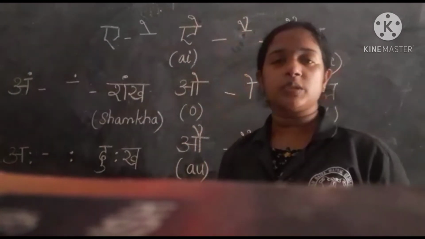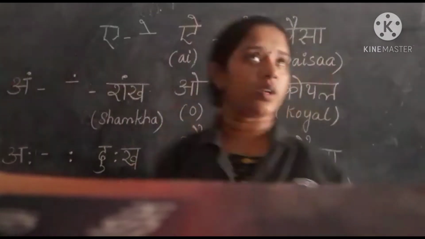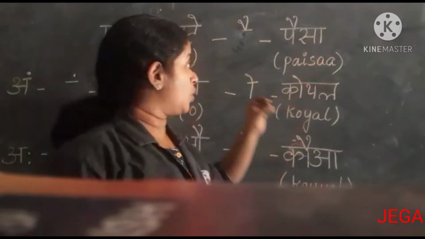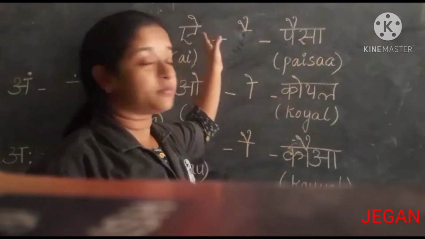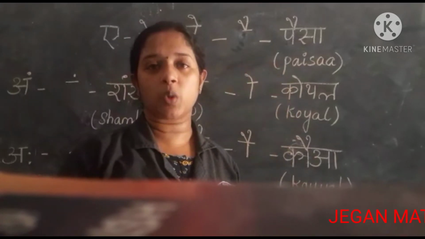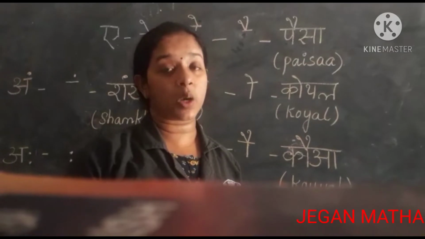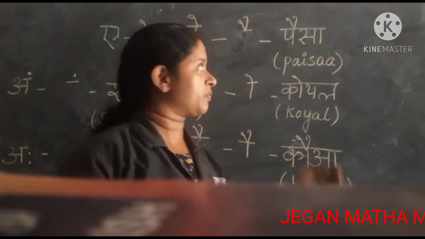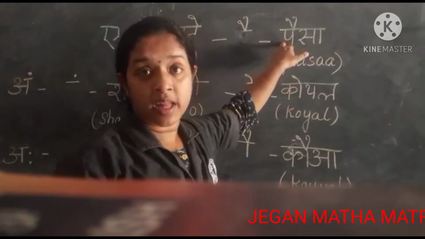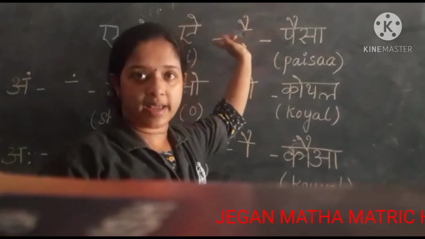So when we use these two symbols in a word, here I have written one word as paisa. If this symbol of I is used with the consonants, that particular word will sound like I. This is the letter Pa. It's the consonant Pa, and we can see over the consonant Pa, the symbol of I is there.